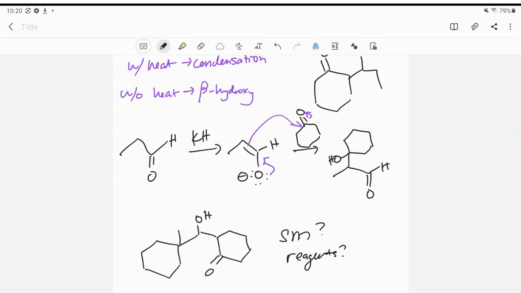I'll give you a moment to work on it. First thing I would advise you to do, by the way, is to figure out where your bond is made between the two molecules. Where are you cleaving this in your retrosynthetic analysis of it? Starting material.